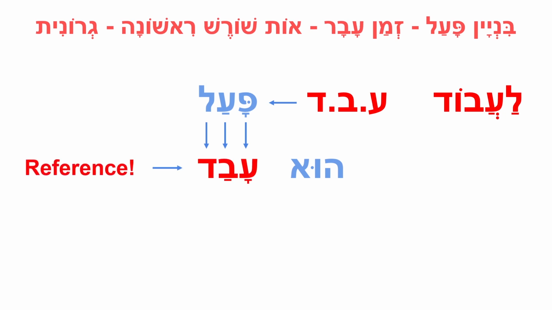In order to find out what he did yesterday, we need to place the root letters ain, bet, daled into the name of the binyan, just like we did with regular pa'al verbs. And we will find the reference point in the form of the conjugation for third person singular masculine, the pronoun hu. And it will be hu avad. And it is the reference point. This is what we start with when we are conjugating verbs in the past tense.